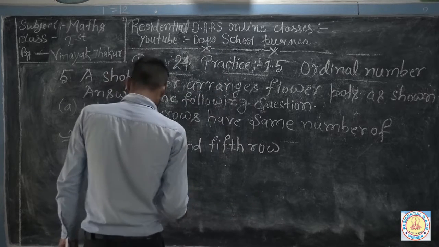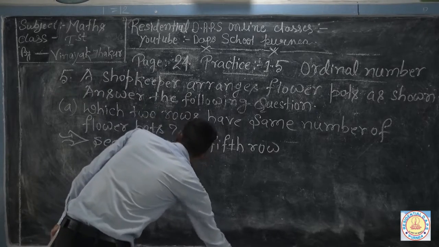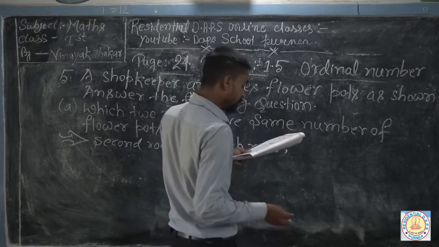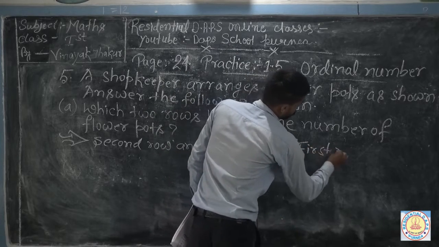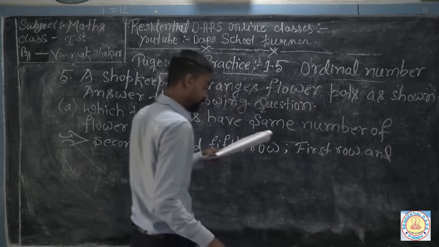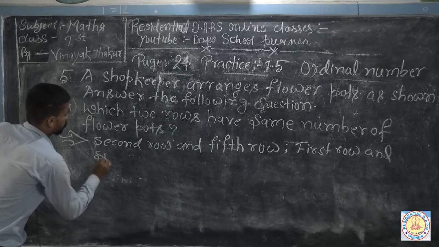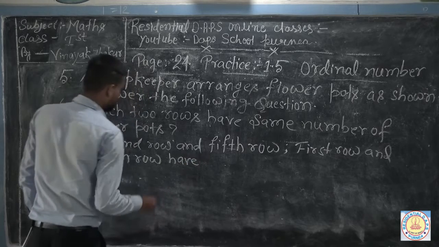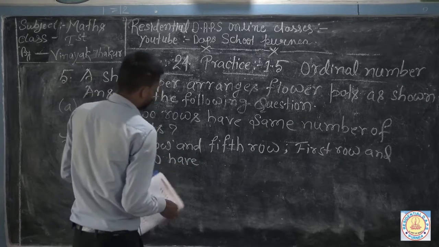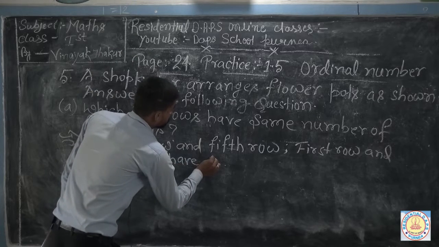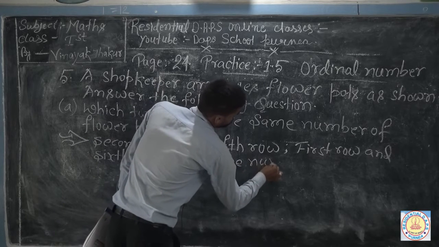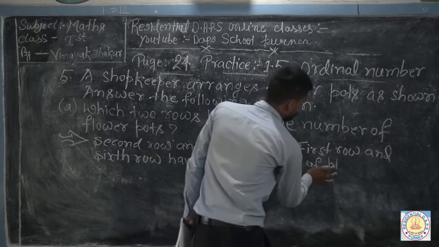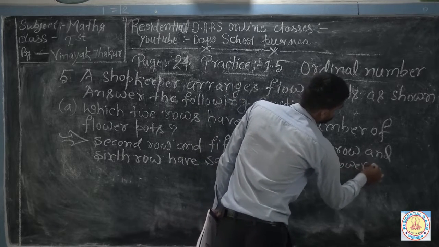Like that, the first row and the sixth row have the same number of flower pots.